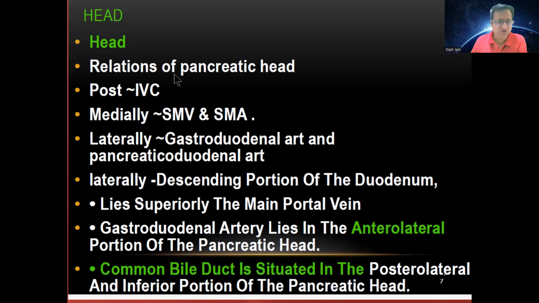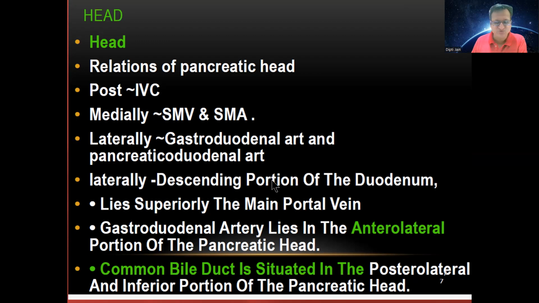Relationship of the head is very important. You have to remember that posteriorly there is inferior vena cava. Medially it is superior mesenteric vein and superior mesenteric artery. Laterally there is gastroduodenal artery and the pancreaticoduodenal artery.